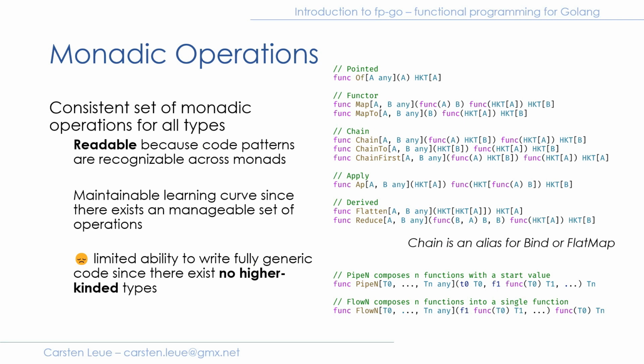And we have composition functions that allow you to write code in a flow, pipe and flow. And here we see a consequence of the lack of function overloading.